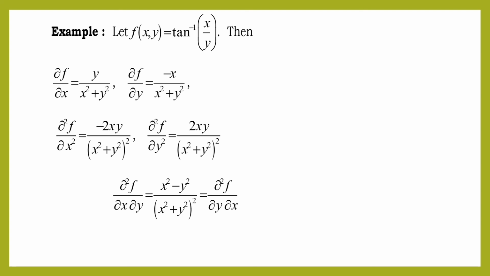In this particular example, the last two partial derivatives dou square f by dou x dou y and dou square f by dou y dou x are equal. But for some functions, these two partial derivatives may not be equal. So, for some functions, we have to remember that dou square f by dou x dou y is not equal to dou square f by dou y dou x.